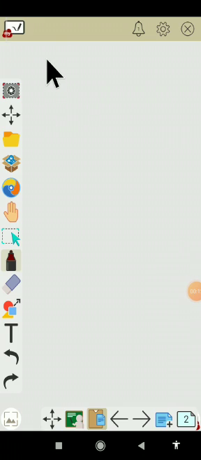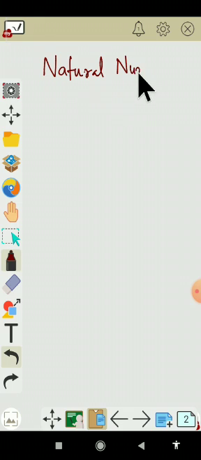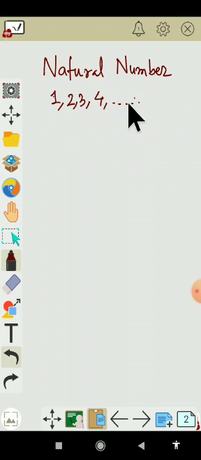So before that, we have to recall what is a natural number. We know the collection of numbers which starts from 1, 2, 3, these numbers up to infinity, is called natural numbers.